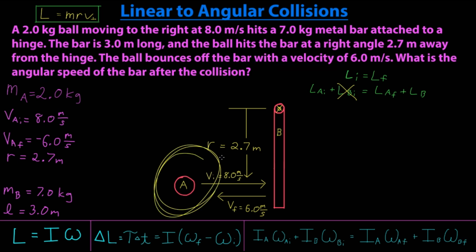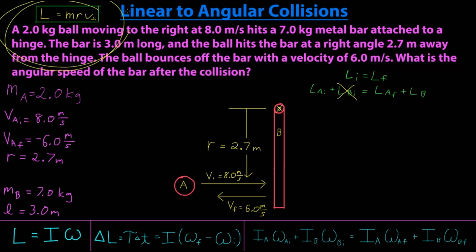The ball is technically not moving in a circular path. However, we just derived that at the moment that it hits the bar, the fact that there is a part of the velocity that is a 90-degree angle to the radius means effectively that it has a rotational momentum. Therefore, the angular momentum of the ball at the hit can be defined as mass A, radius, velocity initial.